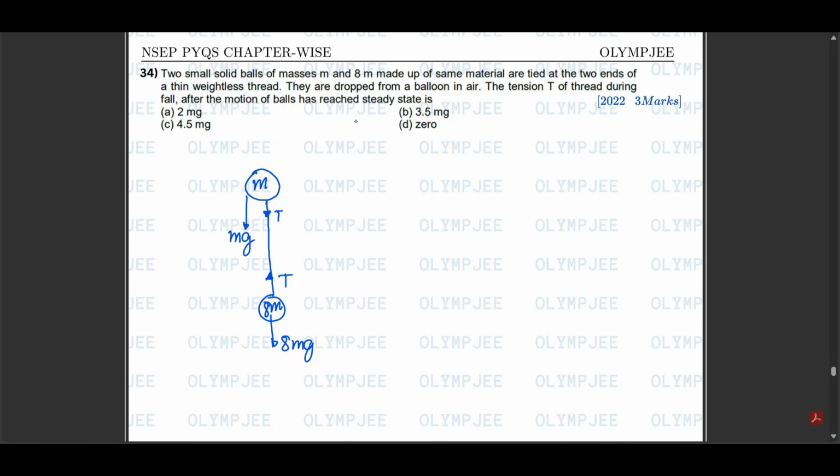So it is said that the balls have reached steady state, but here we can see that steady state is not possible because the only forces which are acting on small m are in the downward direction, so this will have some net external force, and steady state means that there is no net external force, right?